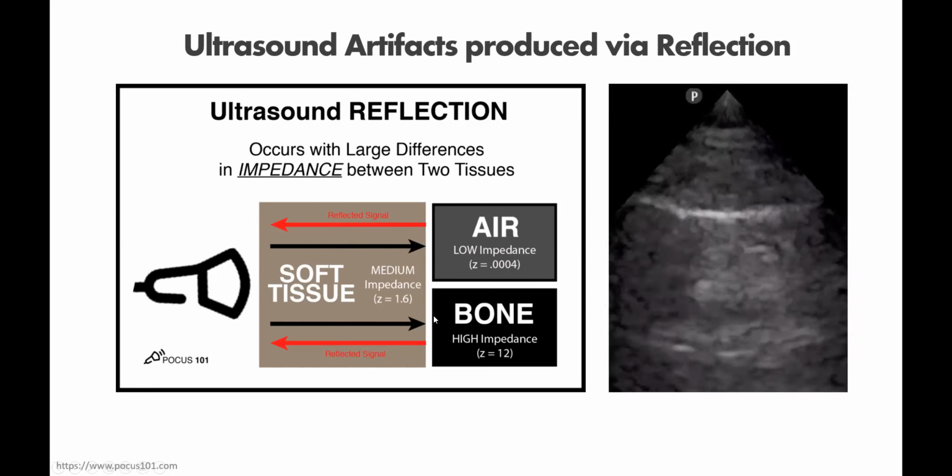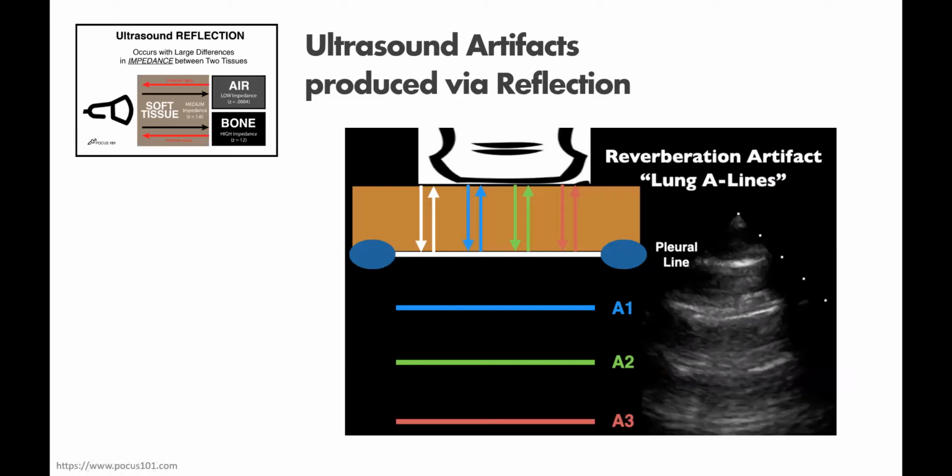These reflection artifacts will cause the A lines artifacts. As you can see here, from the probe to the first pleural line, it will be reflected as subsequent images at the same distance, shown as A lines. This is one of the usefulness of ultrasound artifacts in the lung that can be used in lung ultrasound.